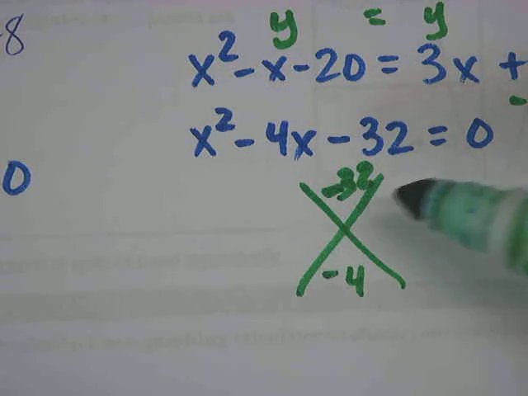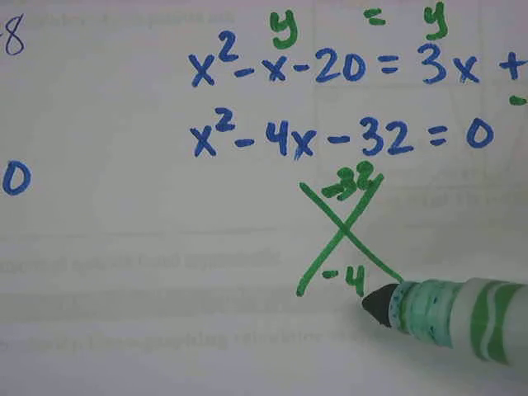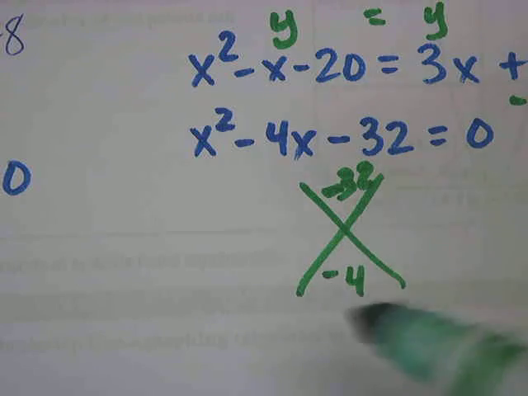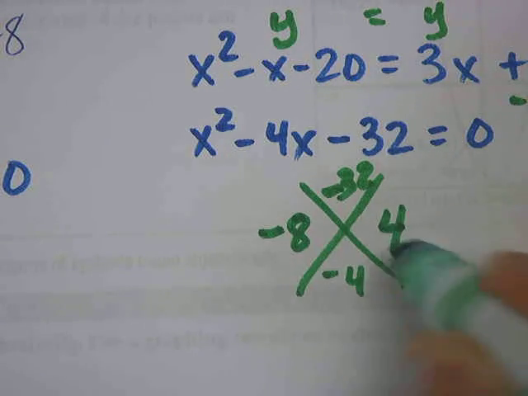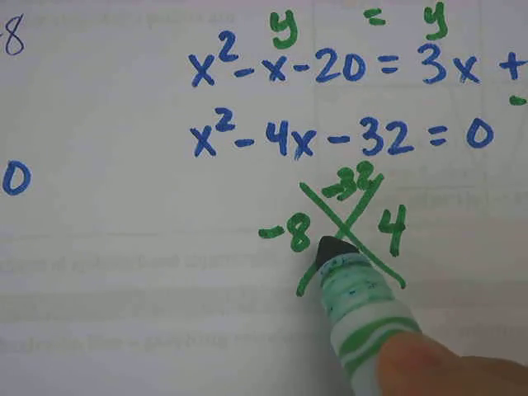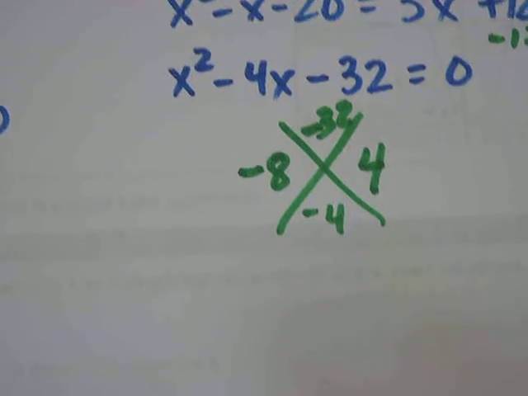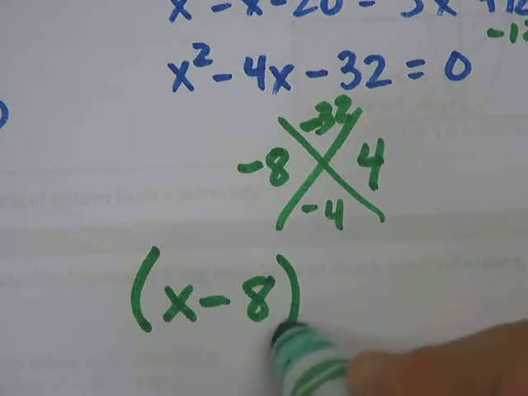Well, immediately 8 and 4 jump out to me because 8 times 4 is 32 and the difference of 8 and 4 is 4. So I just need to work with the symbols. So if 8 is negative and 4 is positive, you multiply it, you get negative 32. When you add them, you get negative 4. So what that means is that I then factor it into this form.